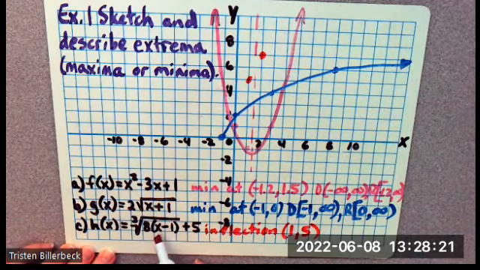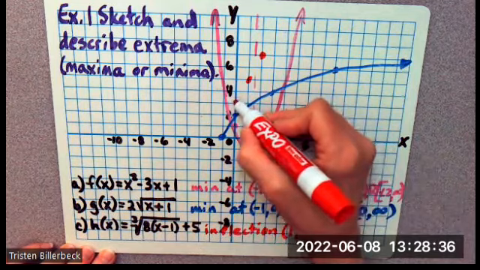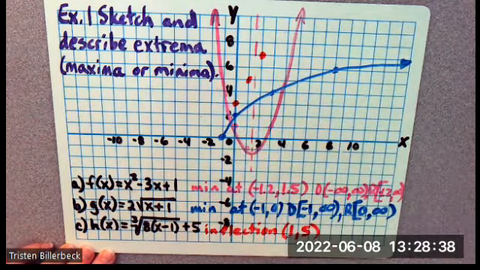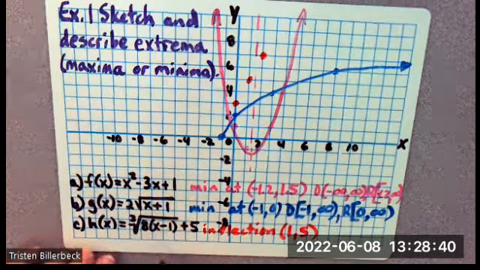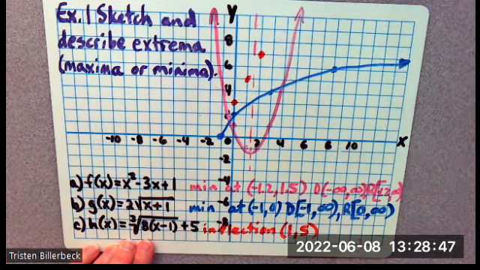Again, if we make that 0, 8 times x minus -1 is -1. 8 times -1 is -8. The cube root of -8 is -2. -2 plus 5 is 3. So we'd have a point here.